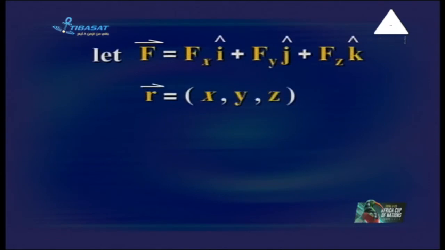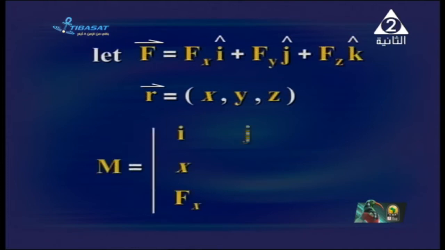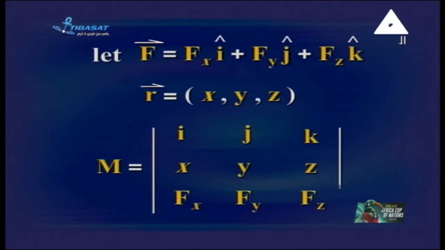Also, we know that our vector has components x, y, z. Then you know, my dear student, that when we find the moment r cross F, we use the determinant: first row i, j, k, second row x, y, z, third row Fx, Fy, Fz.